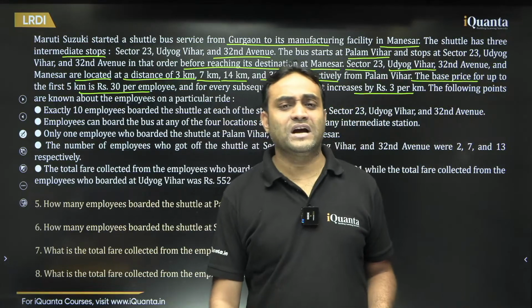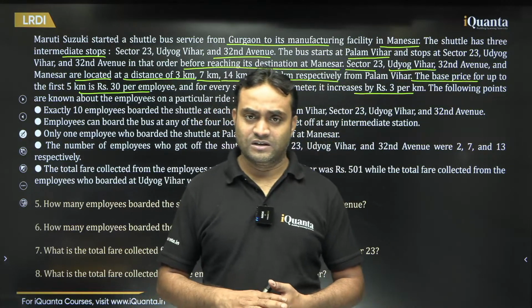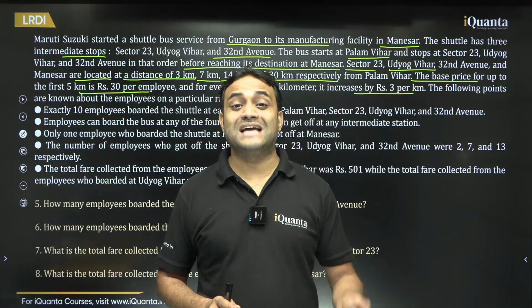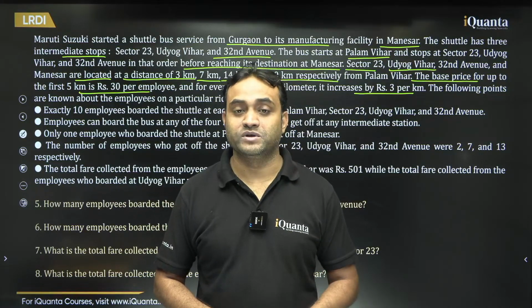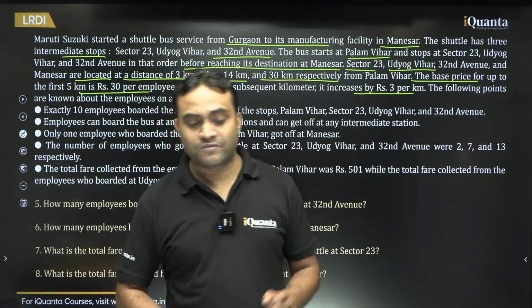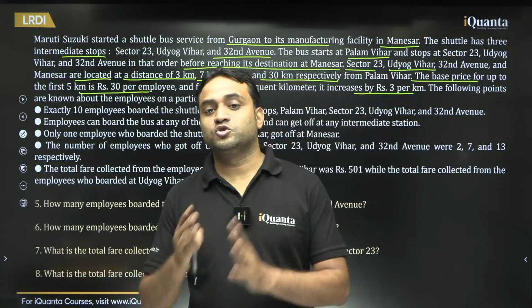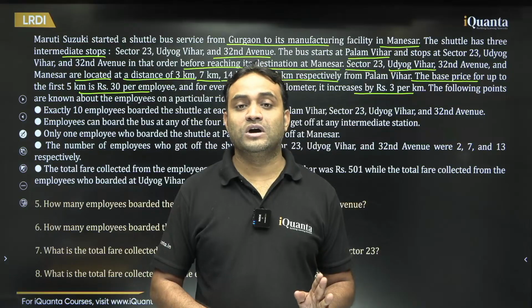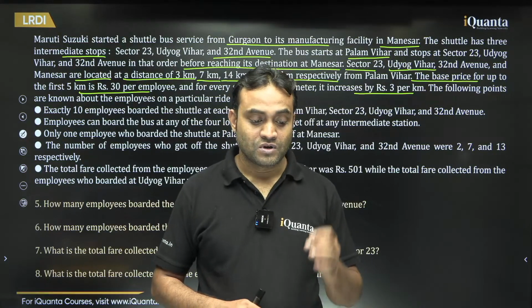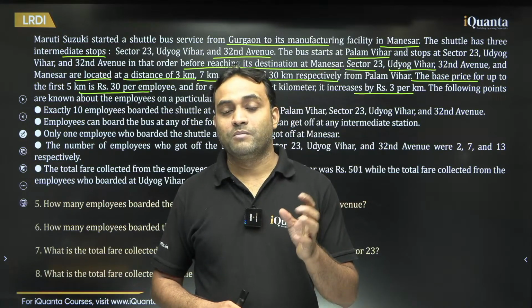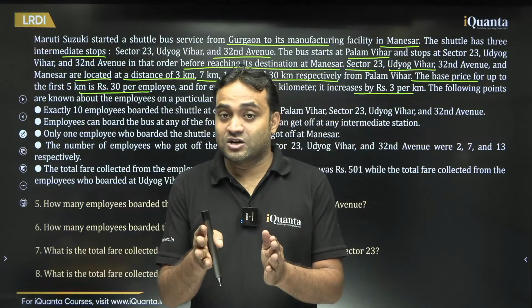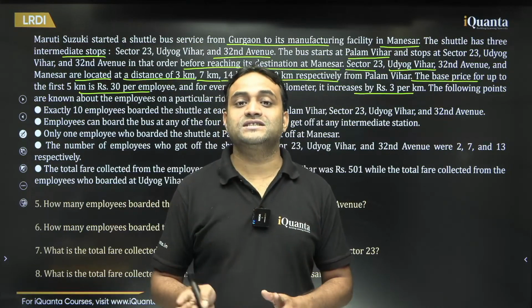What is the meaning of that? If you are traveling for a distance of exactly 5 km, you will have to pay 30 rupees. If you are traveling for 6 km, you will have to pay 30 plus 3, 33 rupees. If you are traveling for 7 kilometers, the total amount will be 30 plus 2 extra kilometers, so 2 into 3, 36 rupees.